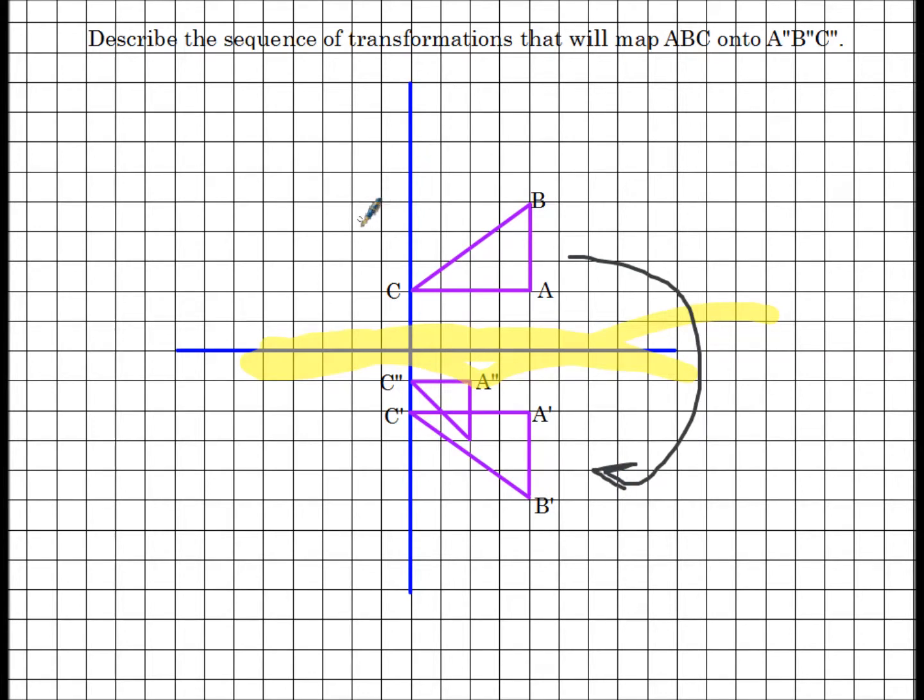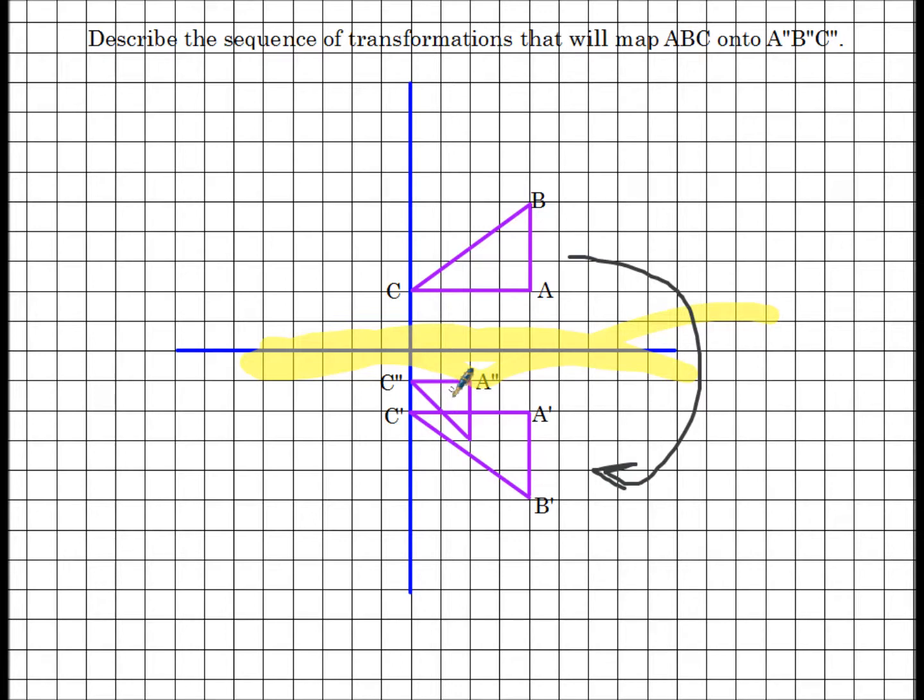Now, once it is reflected across the x-axis, we then have to look at what happens when we move from the second triangle to the third triangle. Now, obviously, it is not a reflection. It could be a rotation, but the size changed.